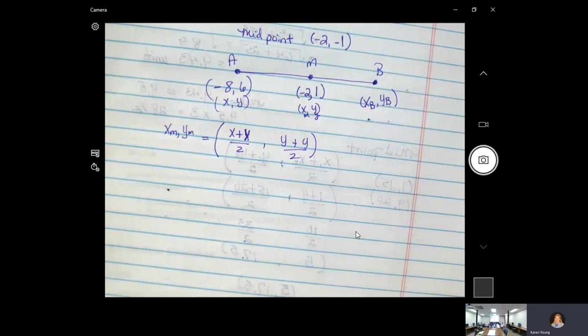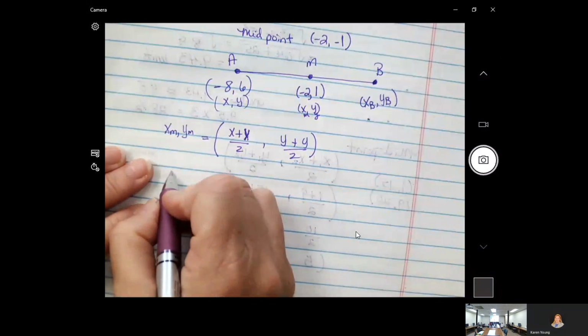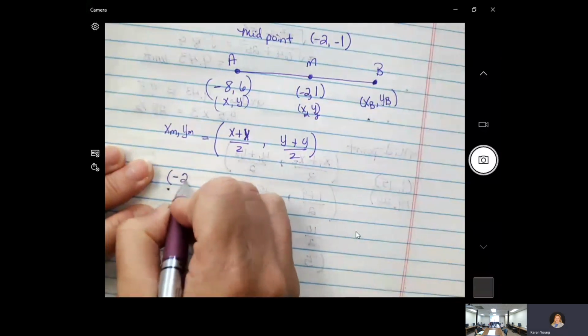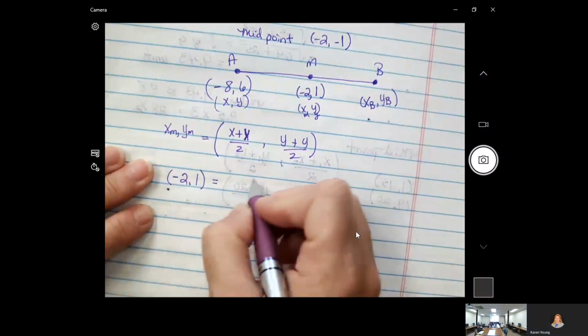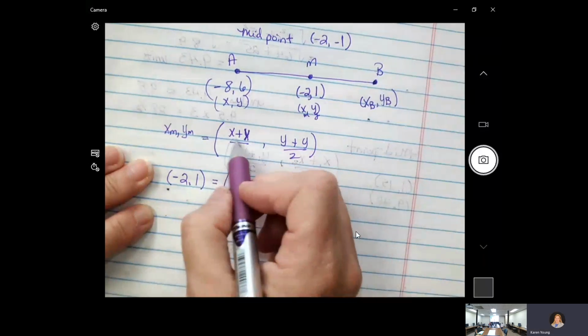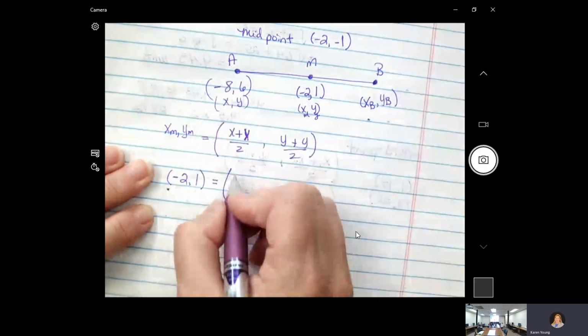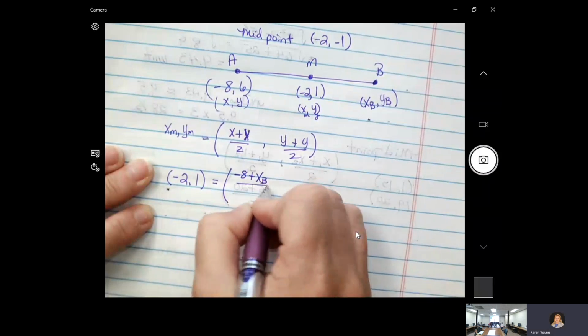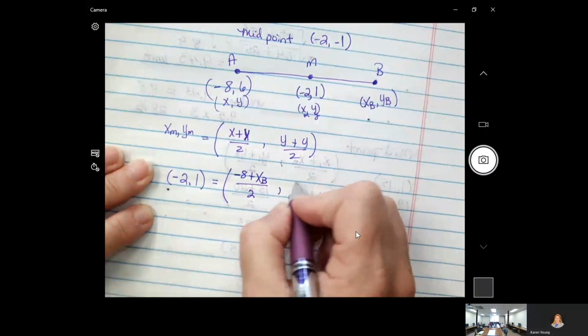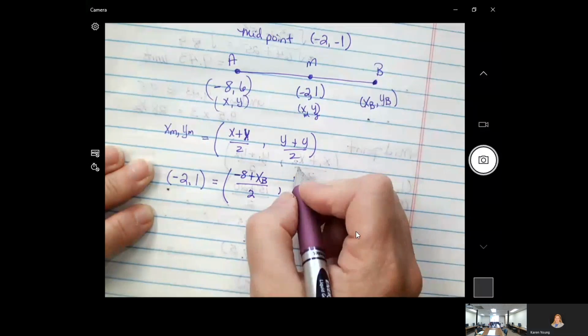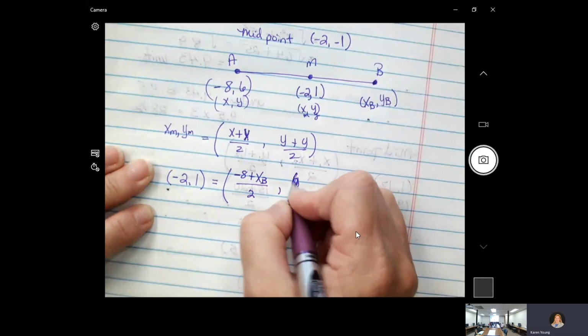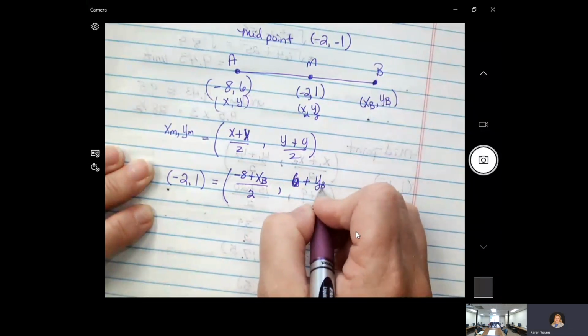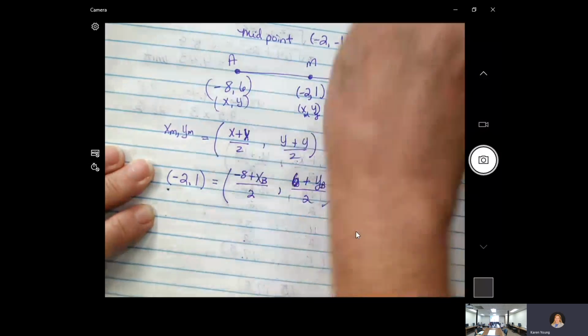Because it's going to equal the midpoint for my x and the midpoint of my y. So this one's kind of done backwards, where before we were looking for the midpoints. This time I know the midpoints. So I know that -2 and 1 is my midpoint. And then the sum of my x's, well, one x is -8. The other x is my xb. It's divided by 2. Same thing with my y. My y is 6. My other y is yb, and it's divided by 2.